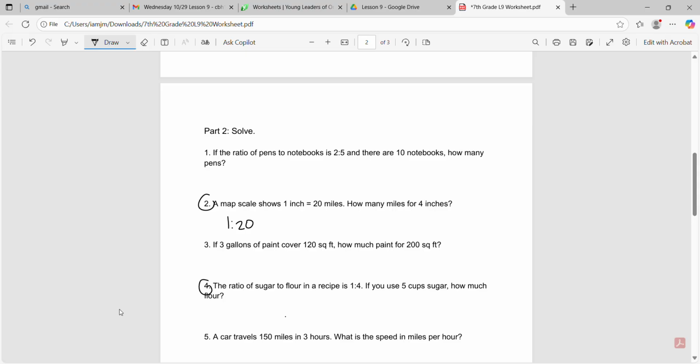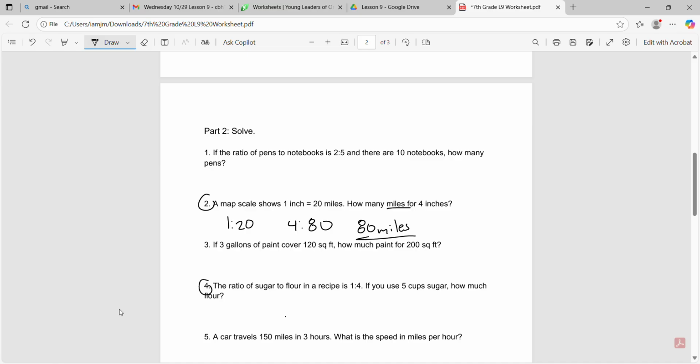So we have to change the 1 inch to 4. To do that, we multiply 1 times 4. Do that to the other side. 20 times 4 is 80. So the scale for 4 inches is 80 miles in real life.